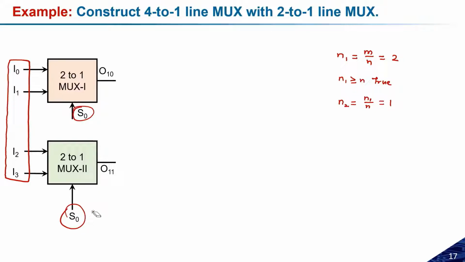I can see this control signal is active high. If it is active high, what does it mean? This will be enabled if S0 is equal to 1, and vice versa.